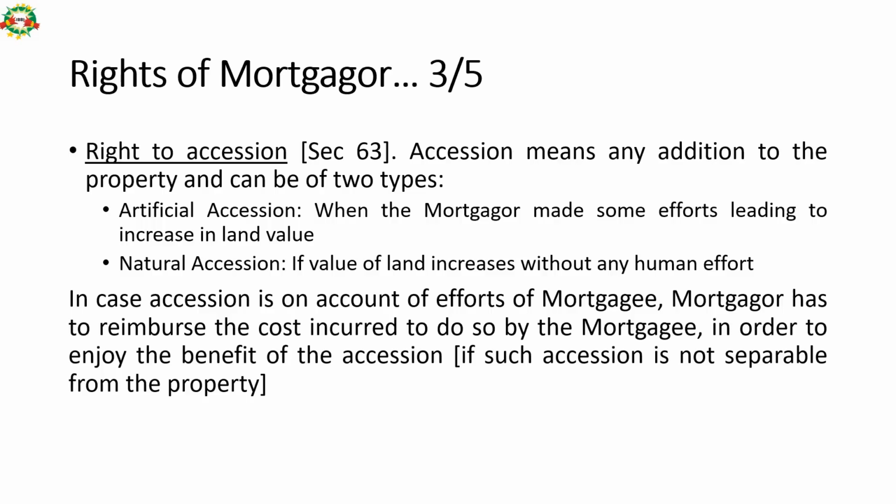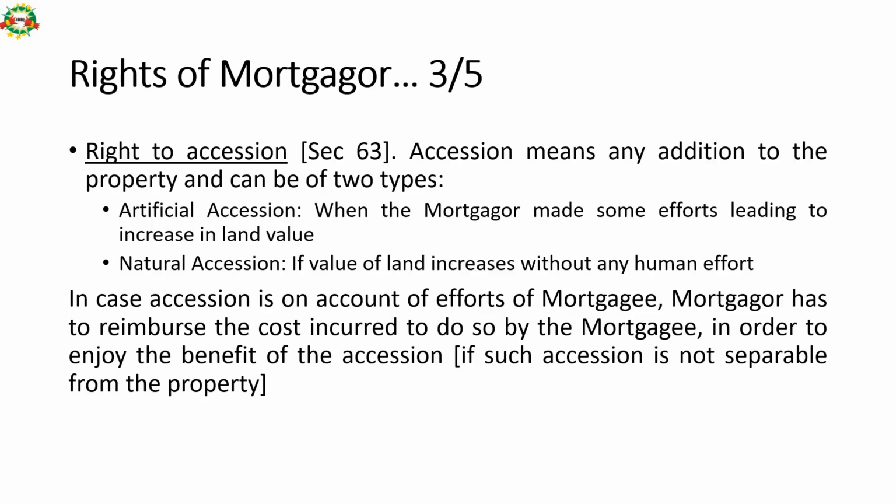Natural accession is when the value of land increases without any human effort, because of a change in climate or some other things, and the property value has increased. In case accession is on account of the efforts of the mortgagee, the bank, the mortgagor has to reimburse the cost incurred by the mortgagee in order to enjoy the benefit of accession if such accession is not separable from the property.